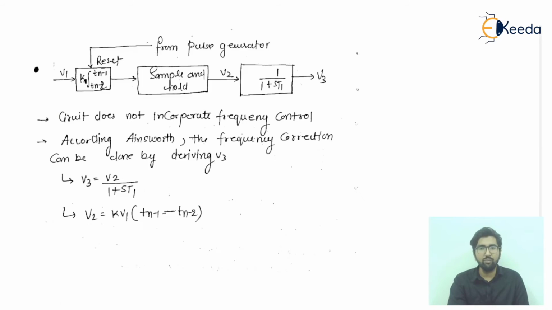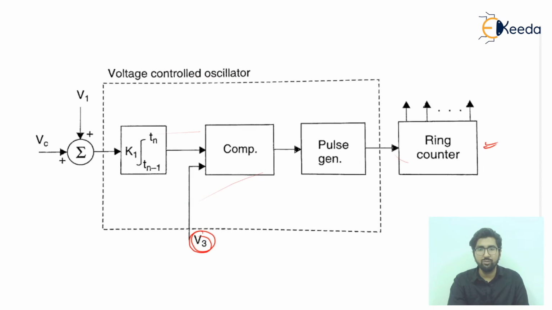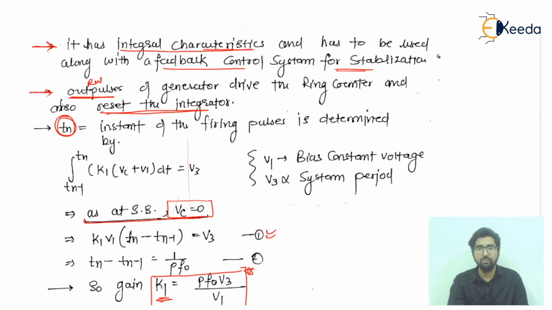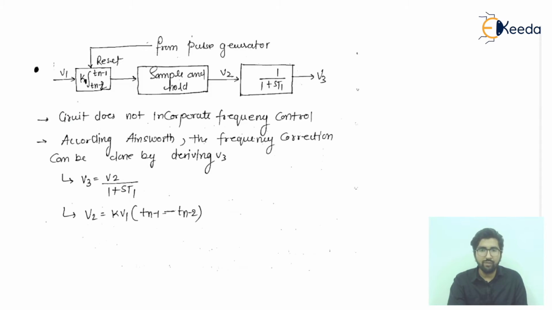Okay guys, now we will move on to the next one. That is the basic circuit diagram for the PFC, pulse frequency control. The V1 is provided here, that is the bias control voltage, and it is given to this integrator, from Tn minus 1 to Tn.